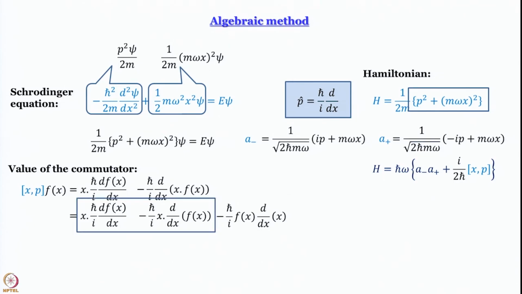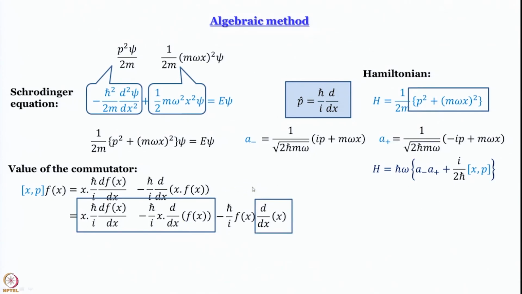Why? Because these two terms cancel each other. The first one is ħx/i df(x)/dx minus ħx/i df(x)/dx. So, this is 0.